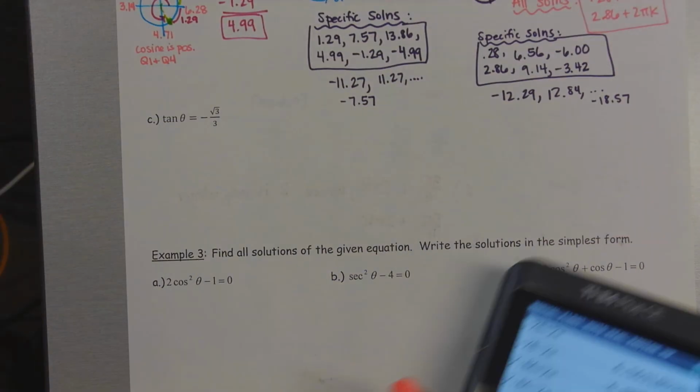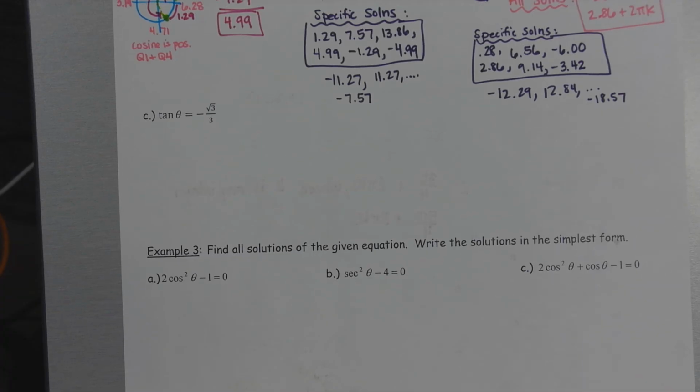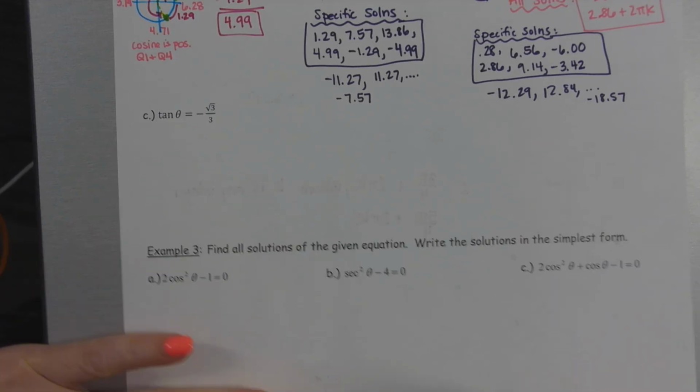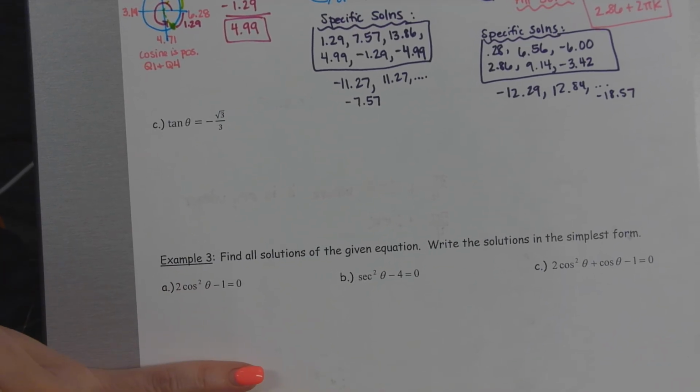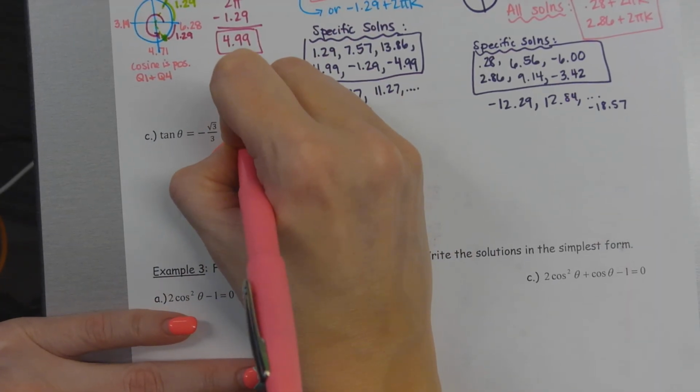All right. Now, for part C, this is not a decimal. Is this an exact value on the unit circle? Where the tangent is negative root 3 over 3? Yes. Okay, so we're going to use exact values here.